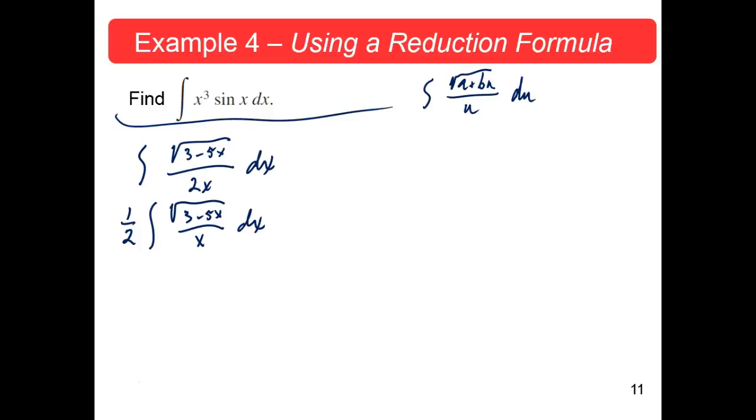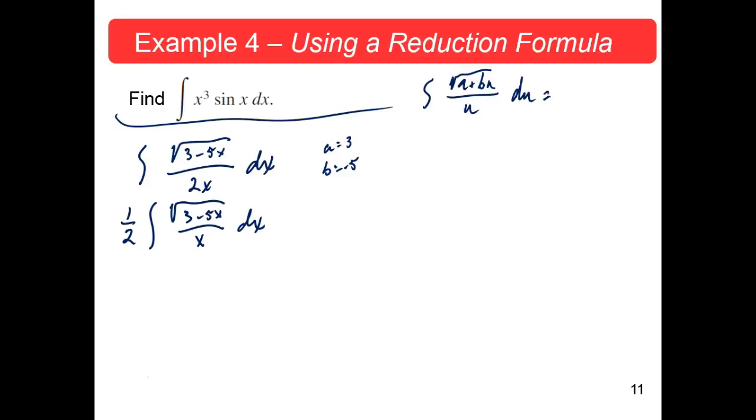That now is looking very similar to there, where the a is 3 and the b is -5. Right? Okay. So let's just jot that down: a is 3, b is -5. All right. Well, let's see what that form tells you the answer is.